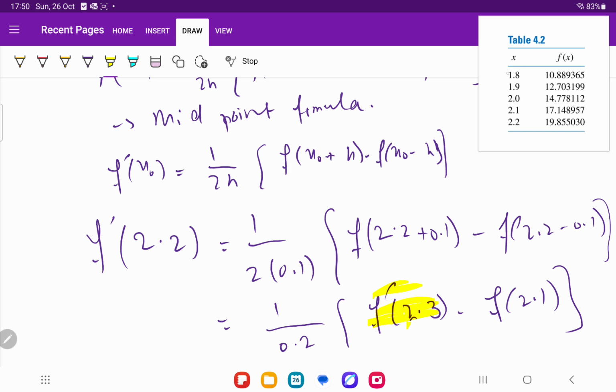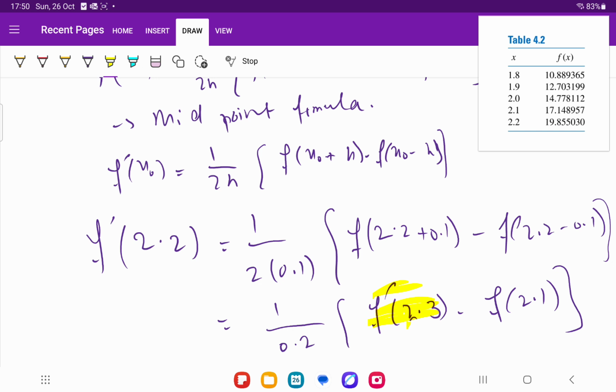Edges means the starting value, which is 1.8. We cannot apply the midpoint formula. Are you getting my point? What I'm trying to say is, because there are three formulas, the midpoint formula cannot be applied in the beginning nor at the end.